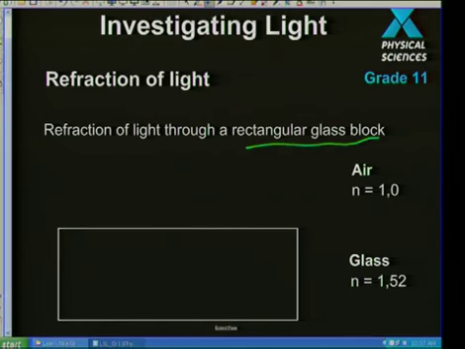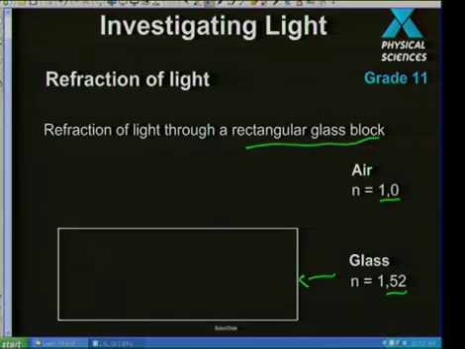Notice something here, that the refractive index of air is given as 1,0, with the refractive index of glass going to be 1,52. So what do we recognize? Over here, it's going to be going fast, and here it will slow down.